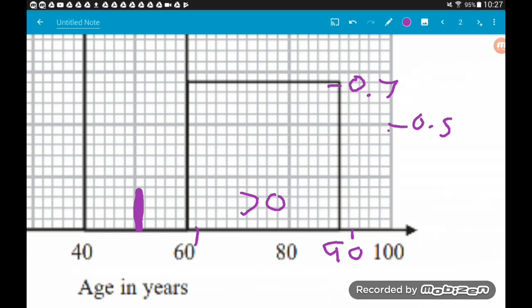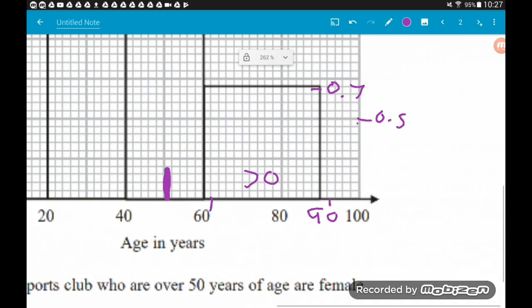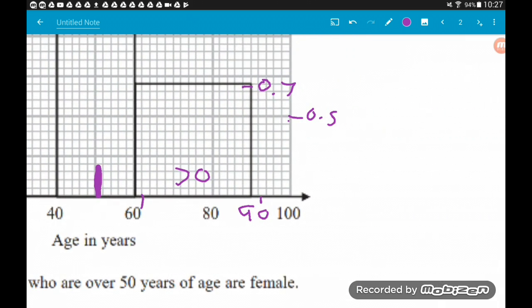So our frequency density up to here is actually 0.7. To work out how many members are in this bar, we're going to do 0.7 times 30. If you work that into your calculator, you will get 21.